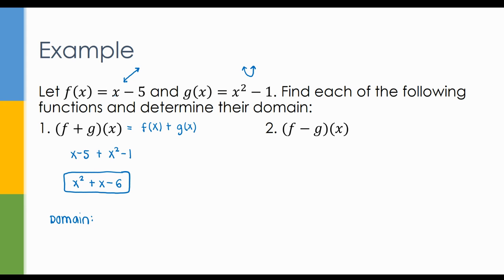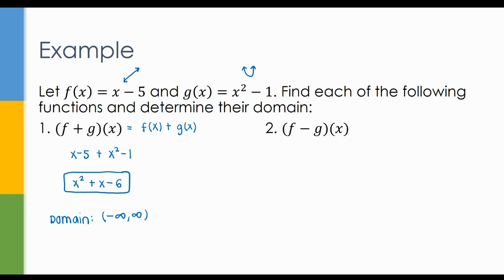I can plug a negative, a positive, and a 0 in and form a line. I can plug in a negative, a 0, or a positive and square it and still get a real number. So because both of these don't have any restrictions, my new added function is also a quadratic, which means that it doesn't have any restrictions either.